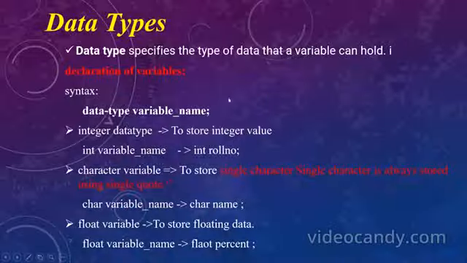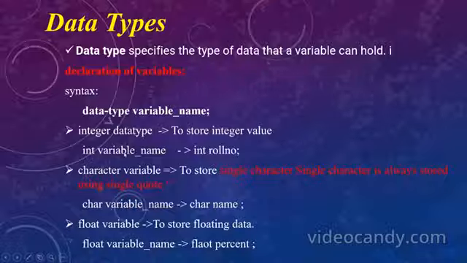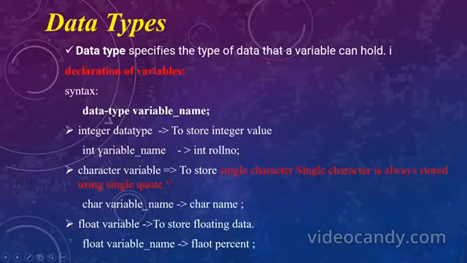To store an integer value, we have a data type known as int. For example, if I say int roll number, what does it mean? It means that roll number is a variable which will store a value of type int.